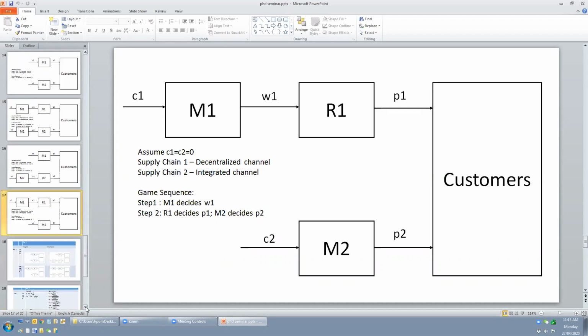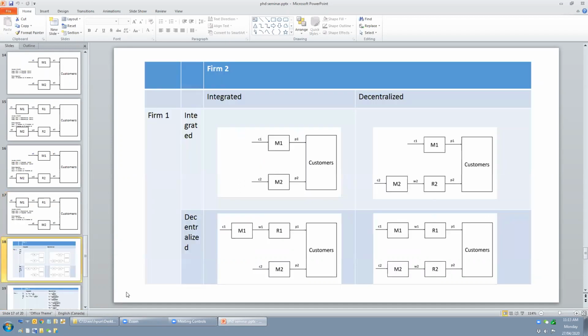So if I have to write down the 4 possibilities, we have a 2x2 matrix. Firm 1 will choose either integrated or decentralized. Firm 2 can either choose integrated or decentralized.